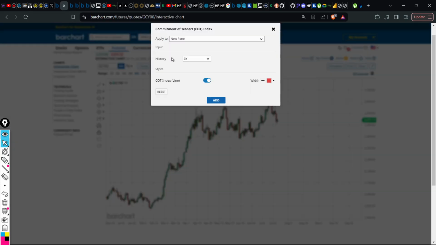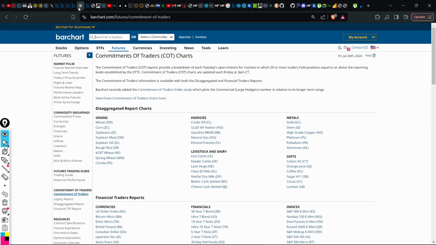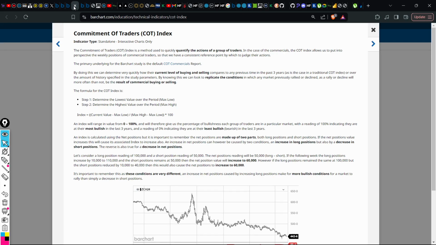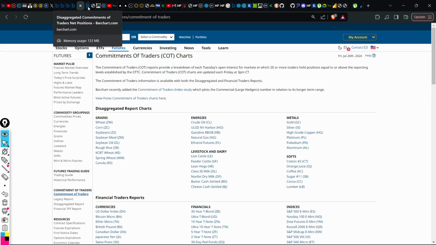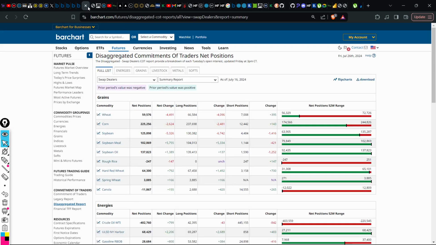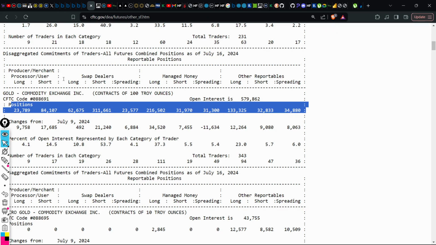And remember, like we have mentioned in these CoT reports: producer, merchant, processor, user, swap dealers, managed money.